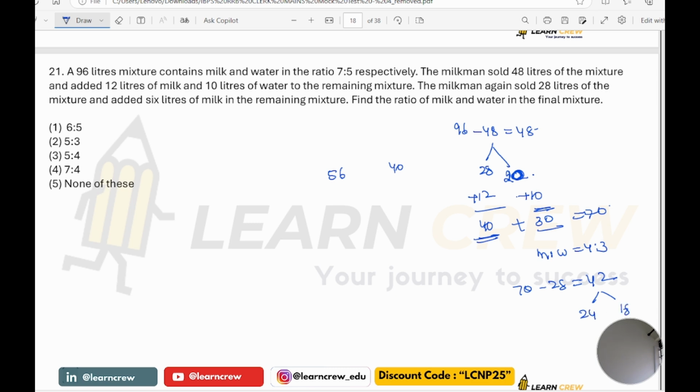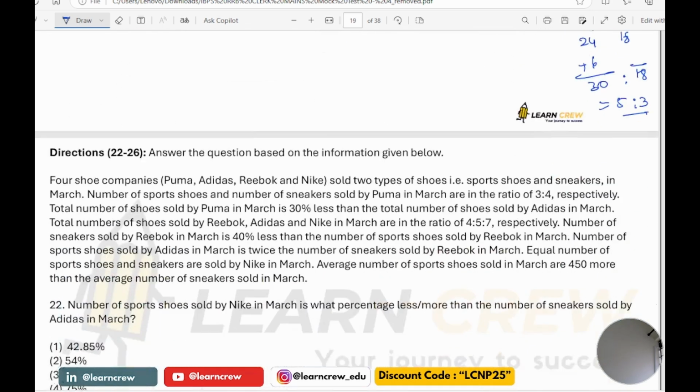Now 6 liters of milk is added: 24 plus 6 is 30. So 30 and 18. 6 5s are 30, 6 3s are 18. 5 is to 3 is the answer.